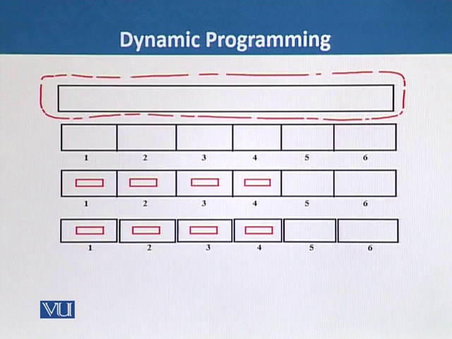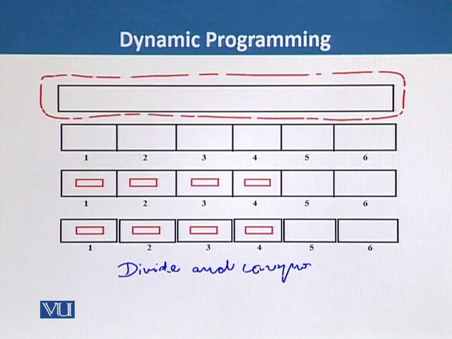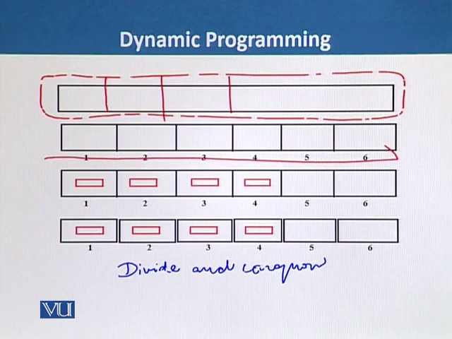And we know that dynamic programming basically works by using the divide and conquer phenomenon. So first it will divide that problem into smaller sub-problems, as we have seen in the second block. So this main block is divided into 6 further smaller blocks.